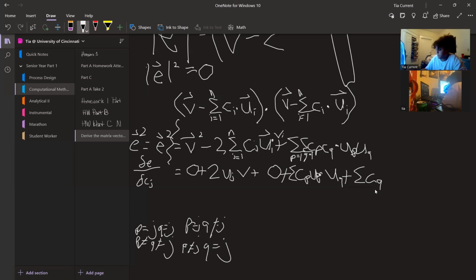This is so disgustingly hard to write. Okay, and then your UQ. But for when Q is not equal to J and when P is not equal to J or something. Hope I put those on the right spots. And then you have one where you have everything.